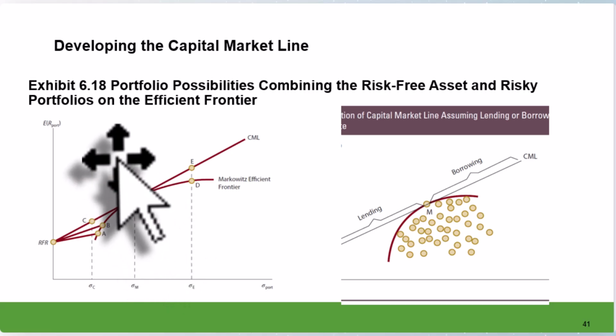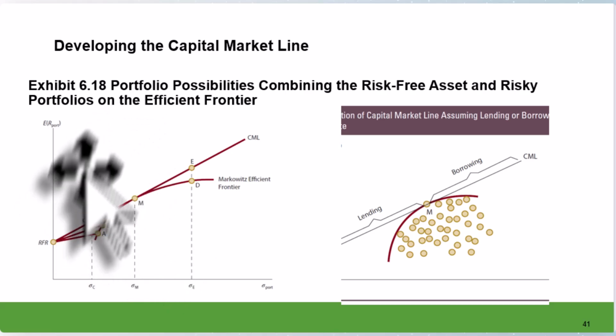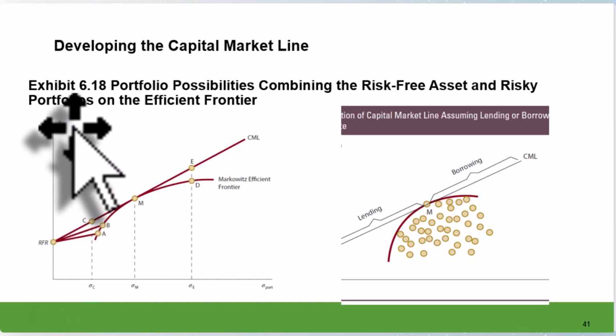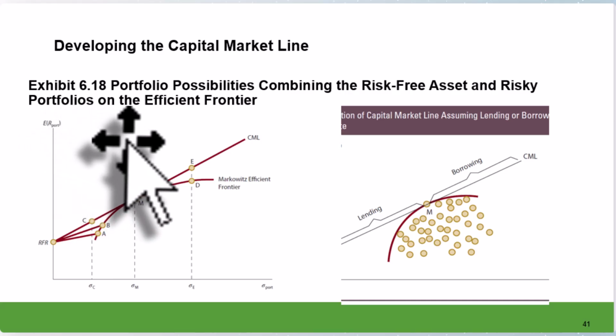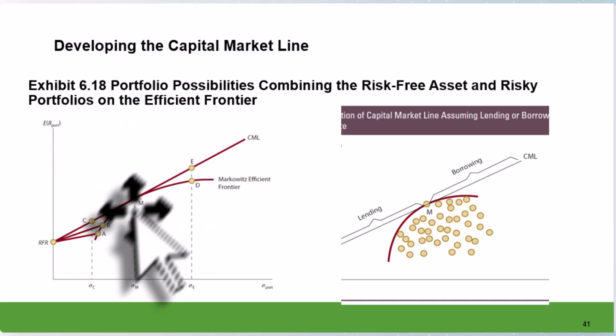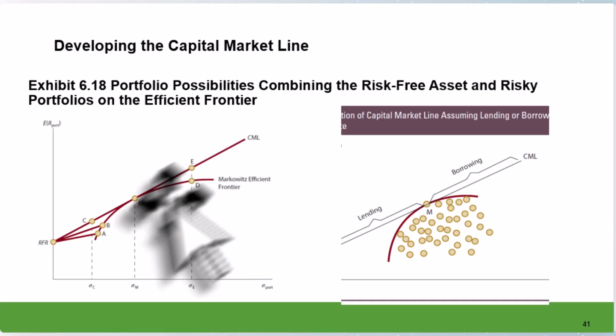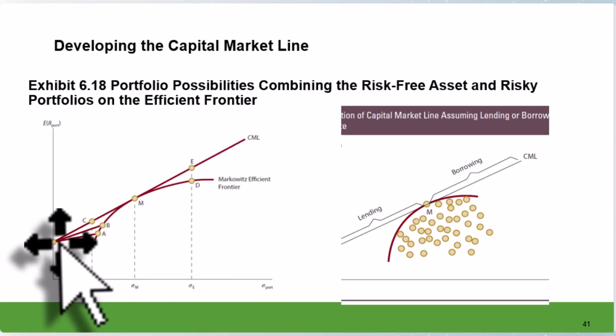Think about a ruler that has its axis point on the risk-free asset. If you let that ruler fall down and lay on this efficient frontier, it's going to touch the market portfolio there. That gives us what we refer to as the capital market line.